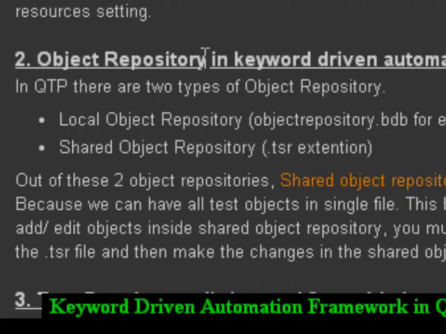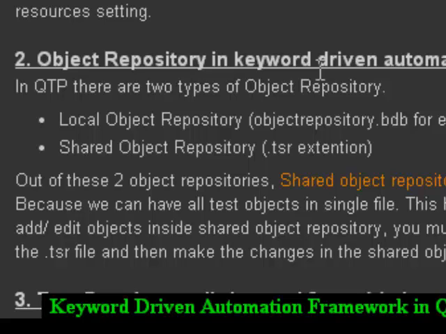Now the next component of the keyword driven automation framework is the object repository. We can have a local object repository or a shared object repository. It depends upon what kind of repository you want to use.